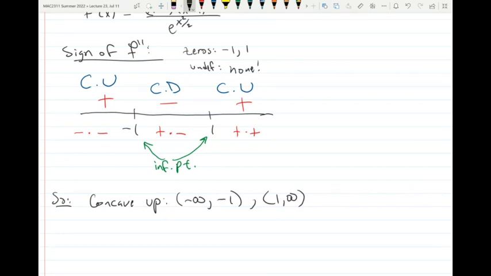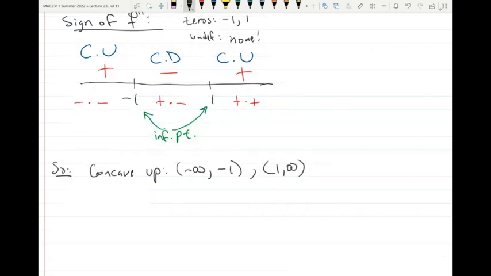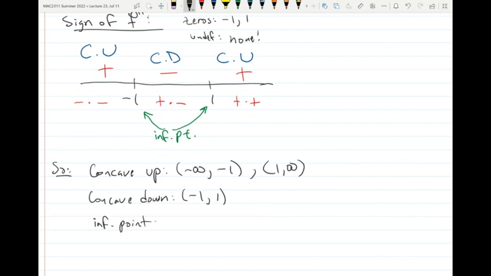Here the same thing. The homework may require you to write a union and all that. Okay? And concave down. Where is it? -1 to 1, and then inflection points. So it's going to be -1 comma f of -1.